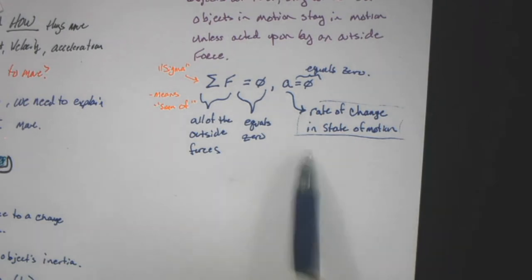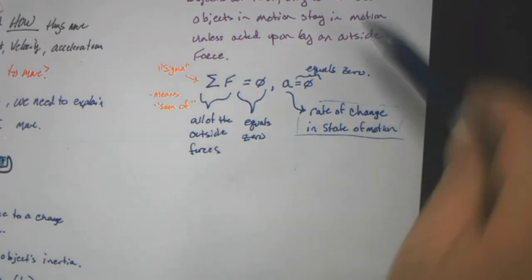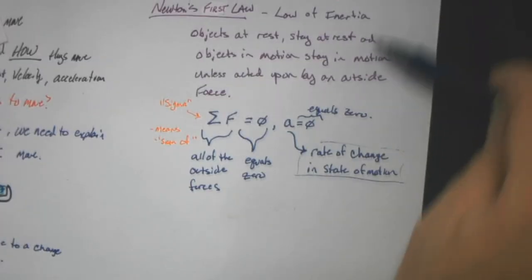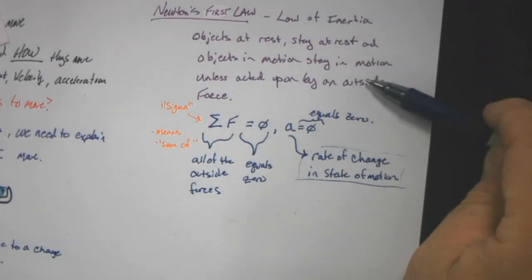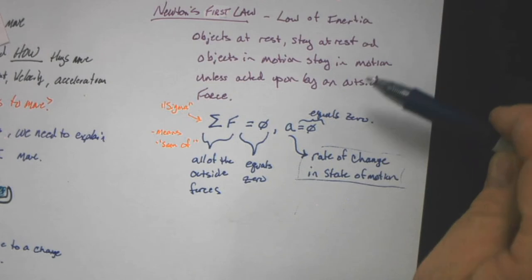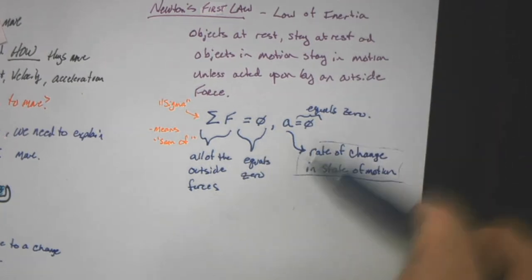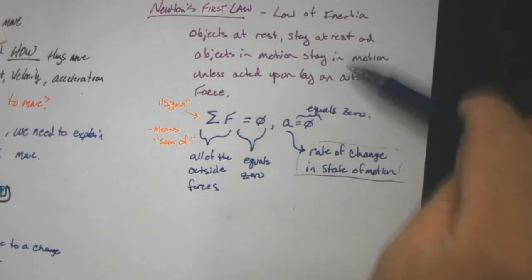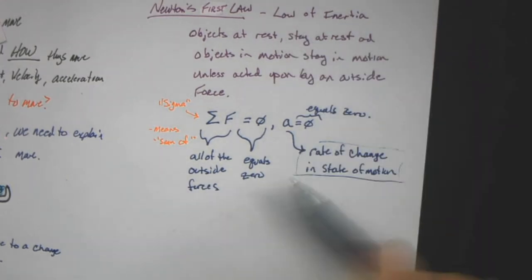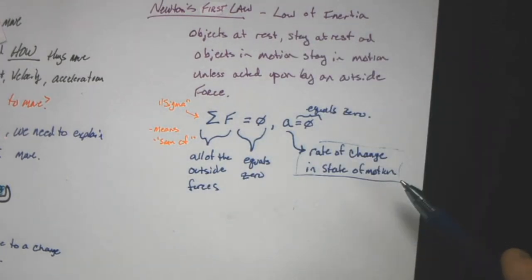So I want you to take a minute and reread this up here, and try to recognize how what happens down here is the same thing as what happened up here. This is explaining the same phenomenon. All right, we're going to pause for a second. I want you guys to think about that for a minute.